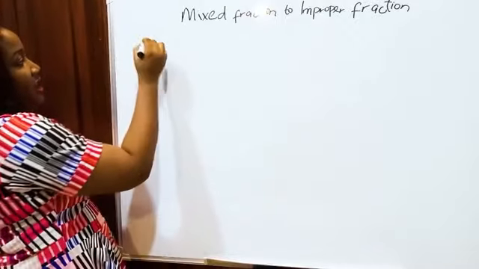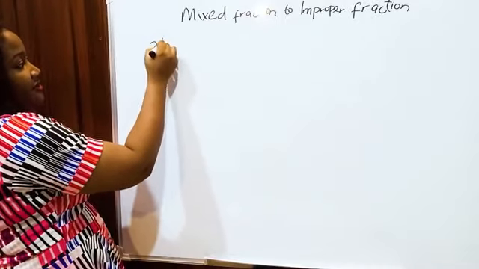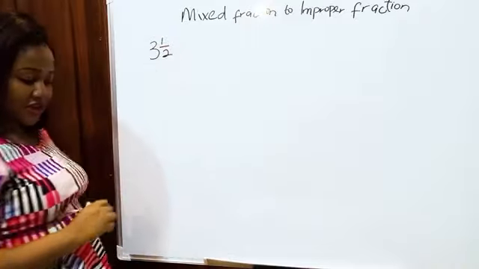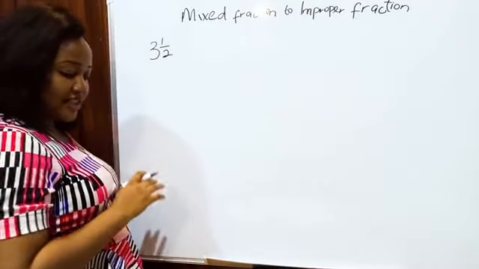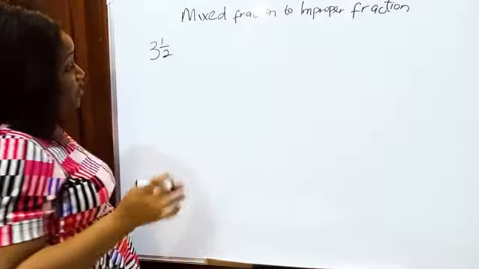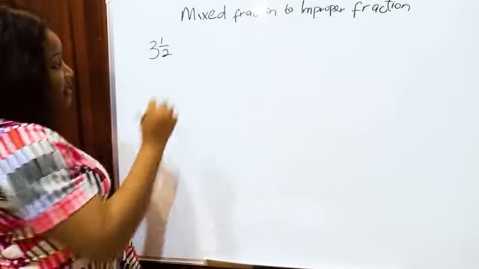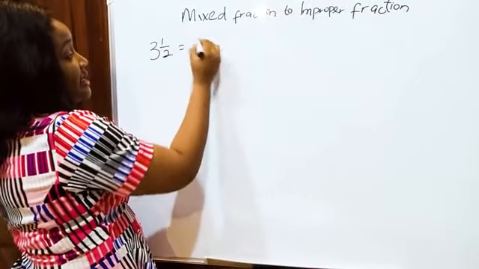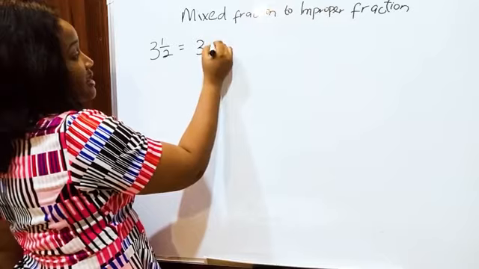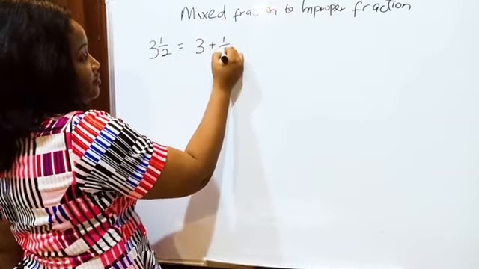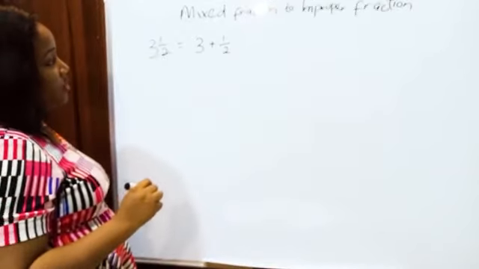So let's take, for example, we have 3.5, which is a mixed fraction, and we need to convert it to an improper fraction. This 3.5 is the same thing as saying 3 plus half. Okay?